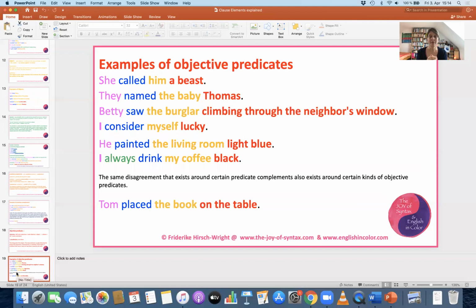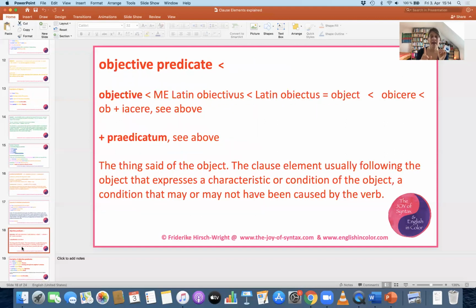So she called him a beast. And very important, the objective predicate can express either the nature of the object as such, or a condition of the object as a result of the action of the verb.